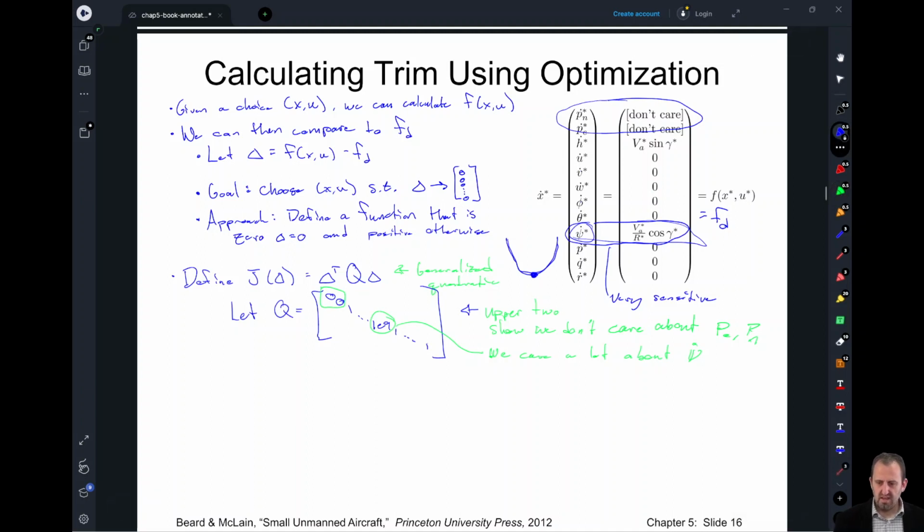Okay, so now if we define this function j, we know that we want j to go to 0. So we're going to use optimization to force it to 0.